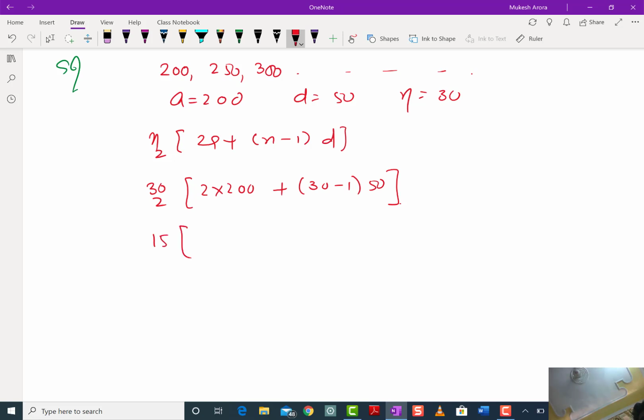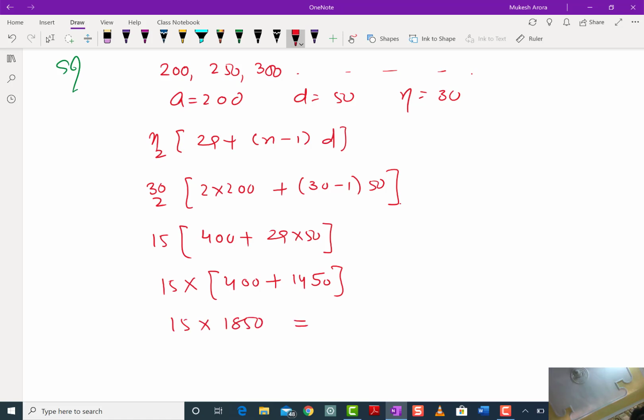So 15 into 400 plus 29 into 50, which is 15 into 1850, so it will be 27,550.